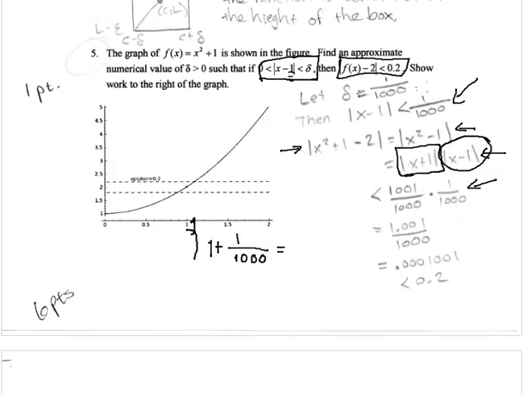Therefore this whole thing can be no greater than those two things multiplied together, and when we multiply them we get this, which clearly is less than 0.2. So we know that anywhere in our little range of 1 plus 1 over 1000 and 1 minus 1 over 1000 will guarantee that our function will remain less than 0.2, and even much less than 0.2.